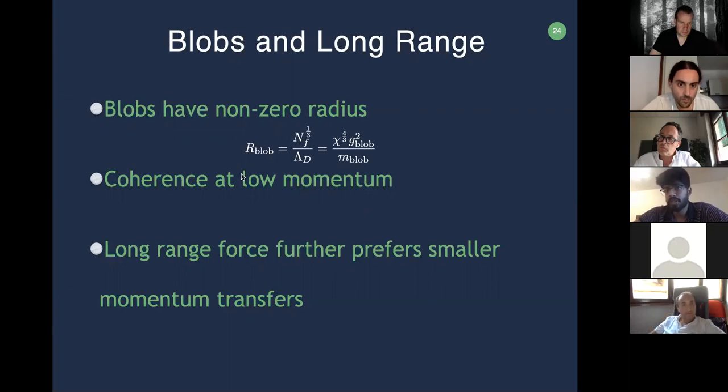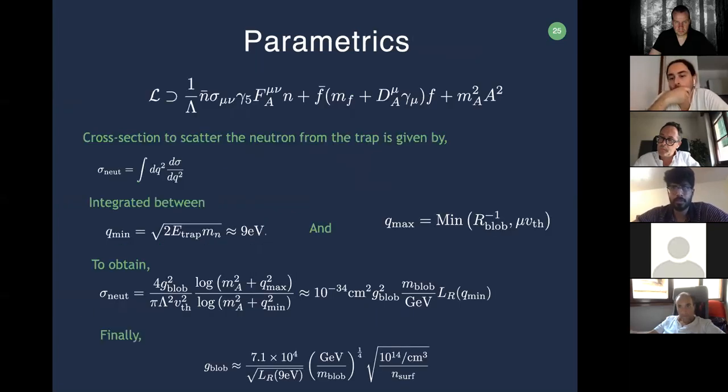If you go to larger and larger momenta, larger than 1 over the size of the blob, you start probing the blob itself, so you start losing coherence. And as a result, the long-range force, of course, also further prefers smaller momentum transfers. So it provides this nice window where only small momentum transfers are allowed, which we'll exploit soon.